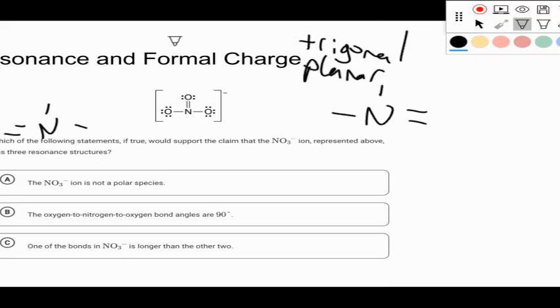If it's trigonal planar, it has 1, 2, 3, it's going to be an sp2. And then trigonal planar is a symmetrical shape, and all these angles and bond lengths are going to be equal. So since it's symmetrical, that means it is a non-polar molecule.